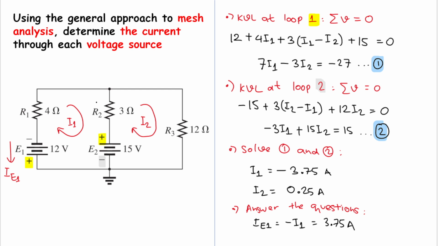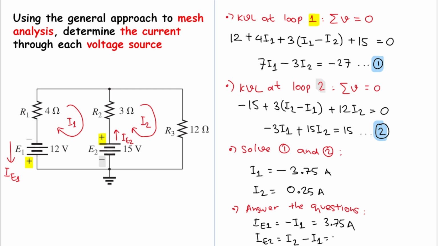And then for E2 here, I will name the current here, this one, IE2. And what is IE2? IE2 is equal to the one that has the same direction, I2 here. So I'll have I2 minus I1.